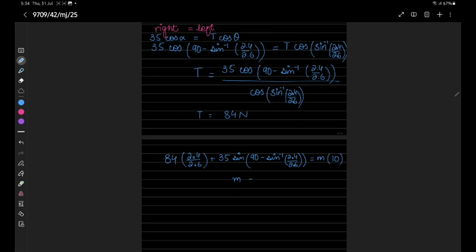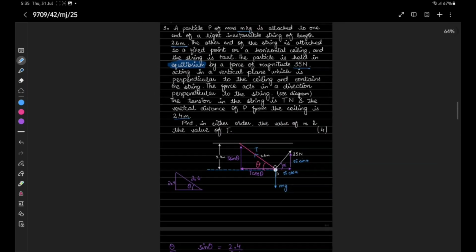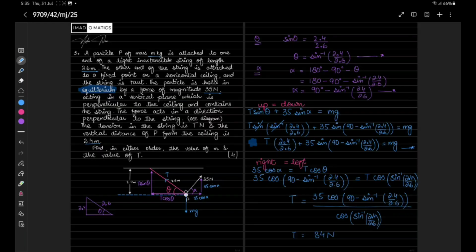M would be equals to 91 divided by 10, that gives you 9.1 kilograms or kg. I hope you get this. This is your whole working for question number 3. So yeah, that's all about this.